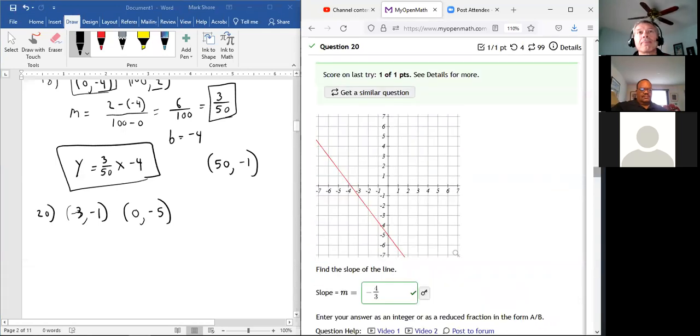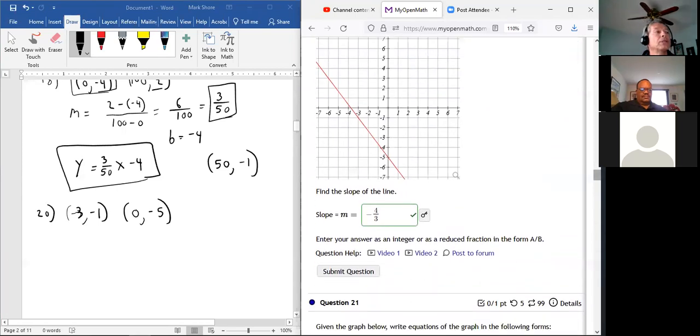Or you could do it with the formula, subtract your y values, -5 minus a -1, and on the bottom, subtract your x values in the same order, 0 minus a -3. On the top, -5 plus 1 is -4, and 0 minus a -3, two negatives make that positive. So it's -4/3, exactly what I got right there.